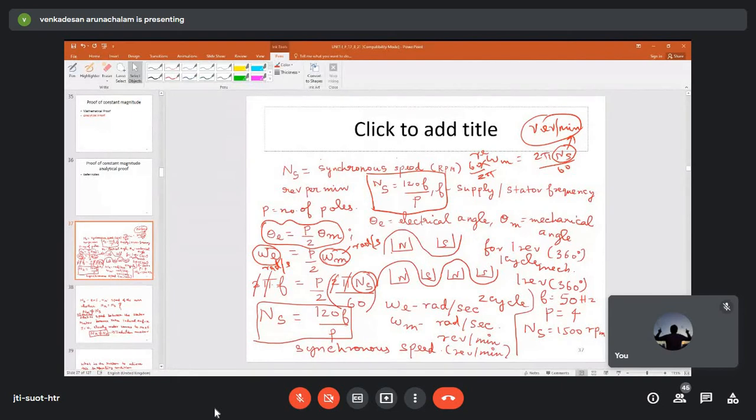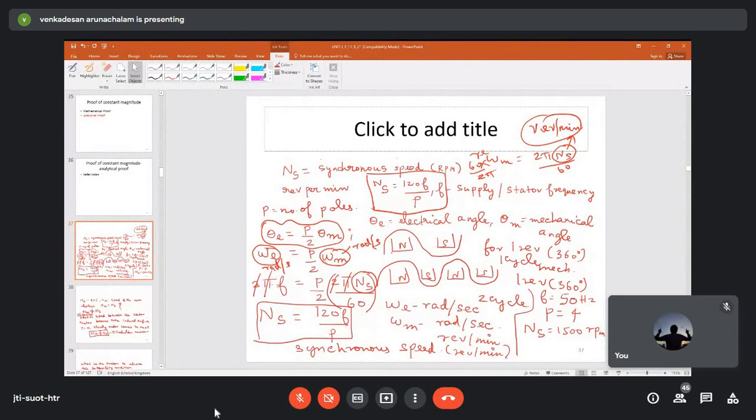That is obvious. But whether the rotor is rotating at the synchronous speed, or lesser than the synchronous speed, or more than the synchronous speed? Any idea? Why? Why lesser? Very good. Yes. If the rotor is rotating with the synchronous speed itself, how do you get the relative motion between the stator and rotor?